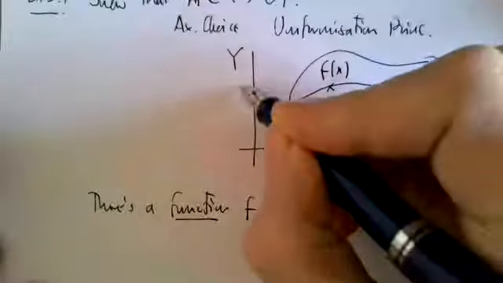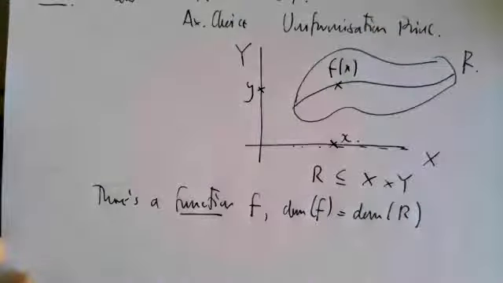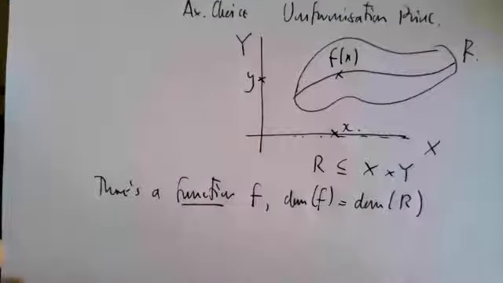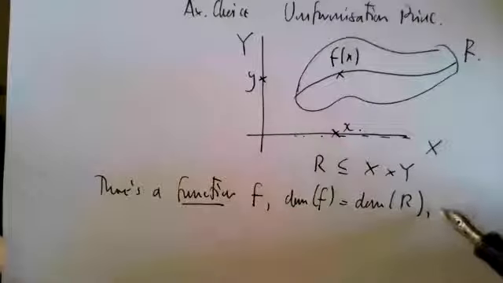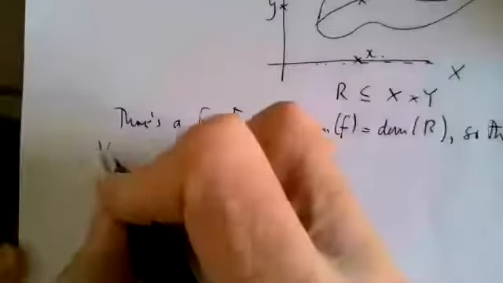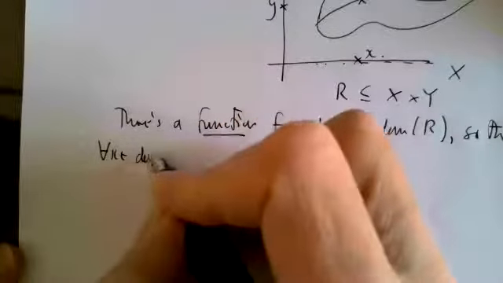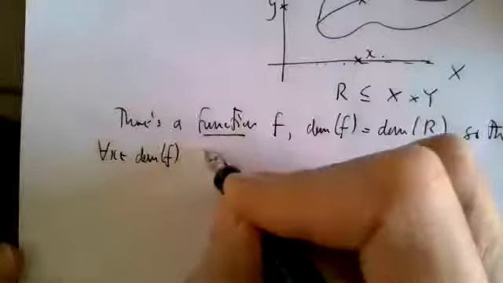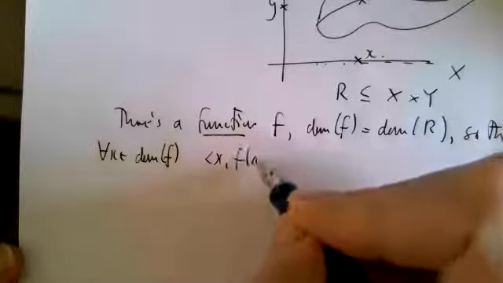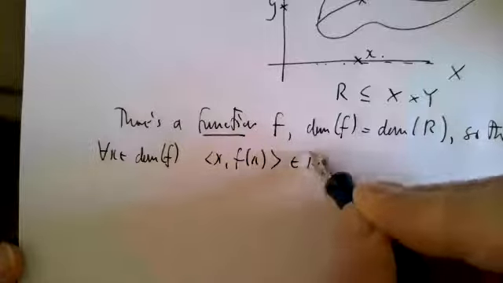It'll pick out a Y so that the pair X, Y is in R. So for all X in the domain of F, the pair X, F of X is in the relation.